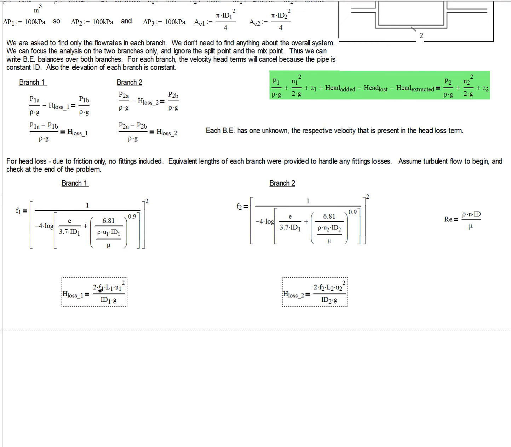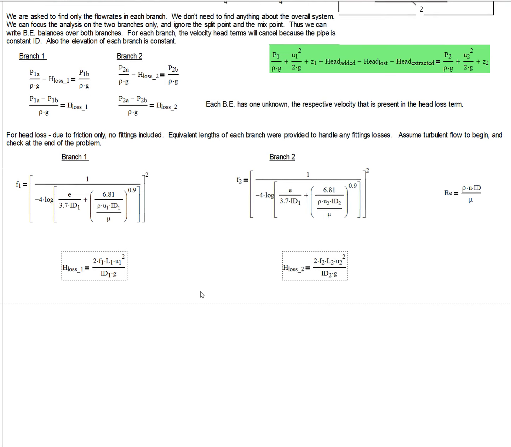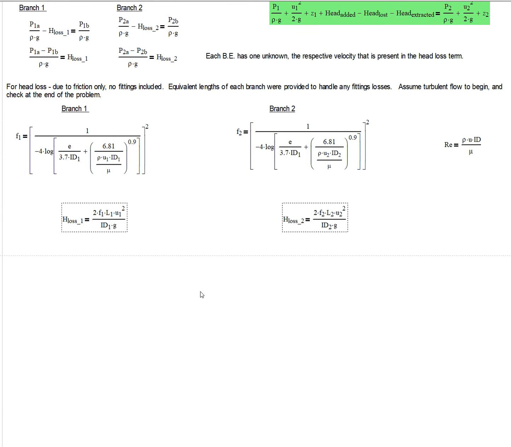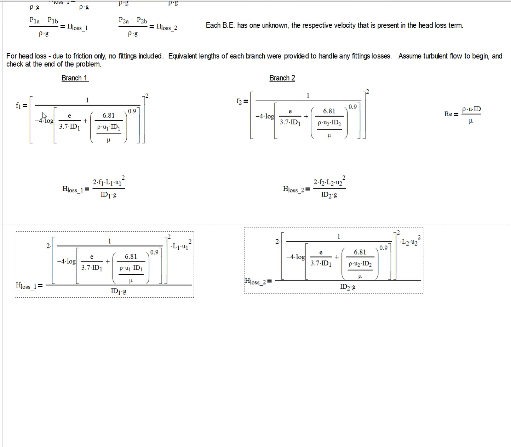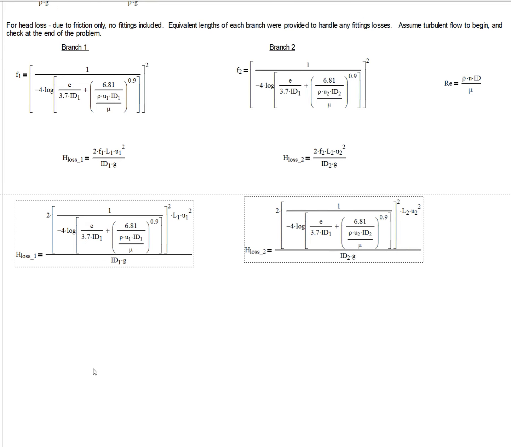So the fanning friction factor goes in here, which has velocity, and then of course we have the velocity squared for each of these two. If we substitute in for F1 into each of these equations, we get these equations for the head loss. This is just an algebraic substitution of the fanning friction factor F1 and F2 into each of these. You get this big complicated equation.